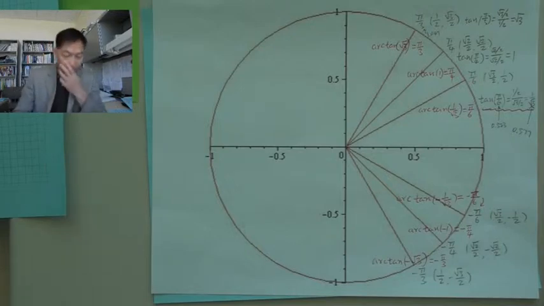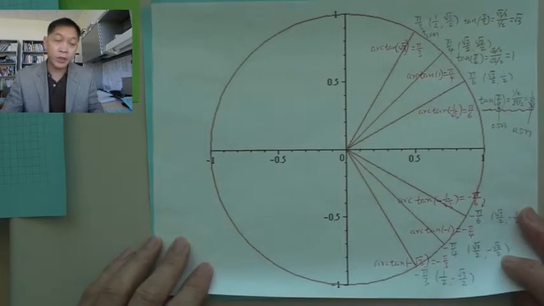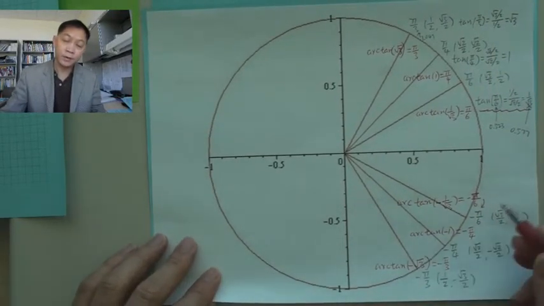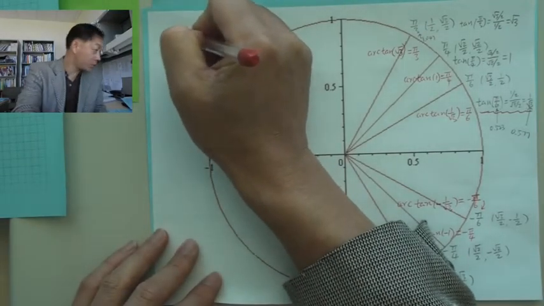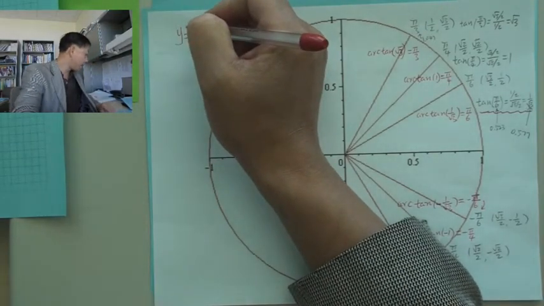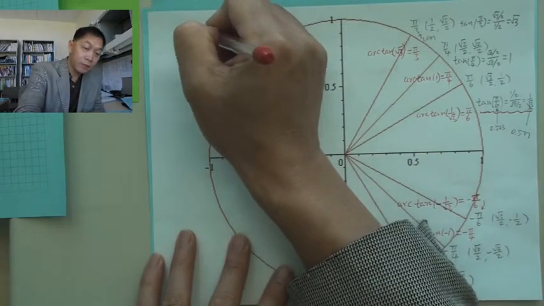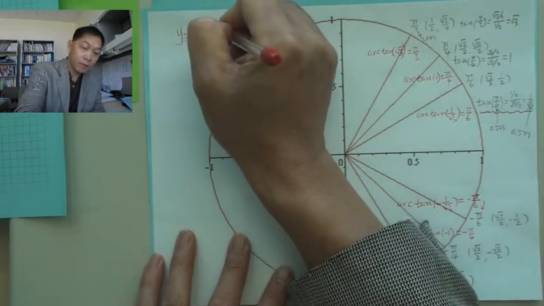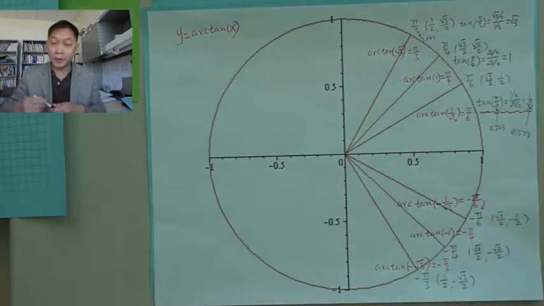Okay. So down here, for arctan, so y equals arctan x. What's the domain?